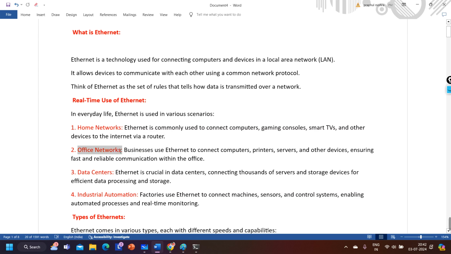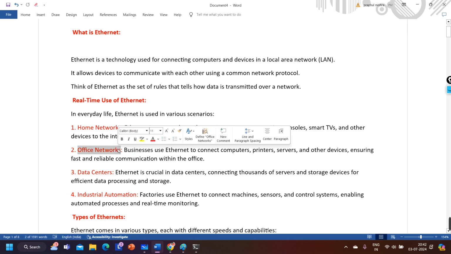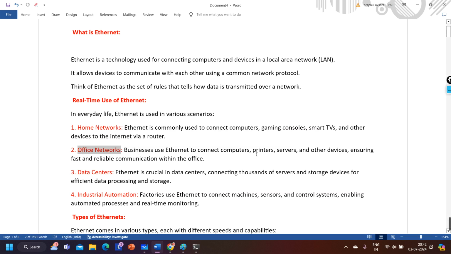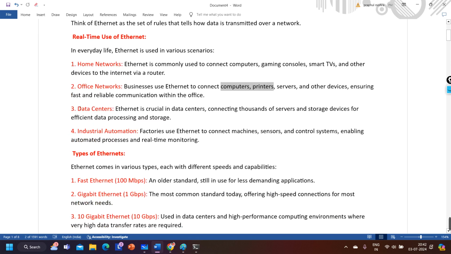Then we are using it in office networks. In an office, you have multiple devices and you need to connect them together. So you can use a hub or switch, and after that Ethernet cable. Printers, photocopy shops, these guys are using it.